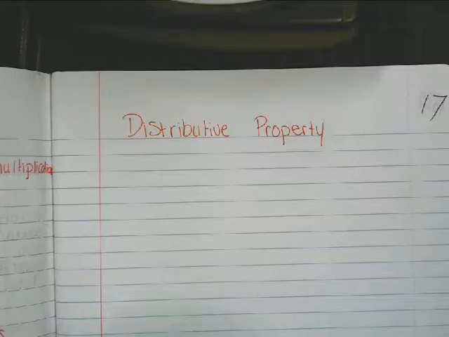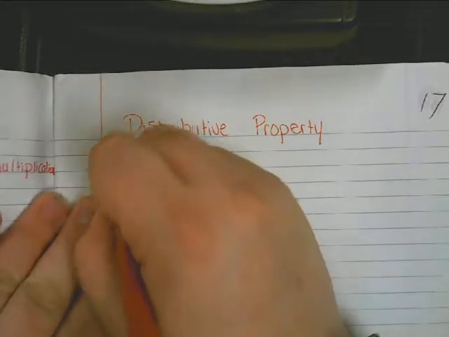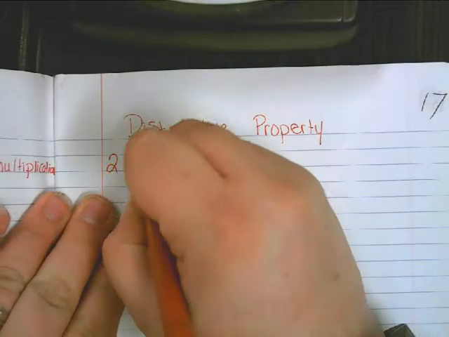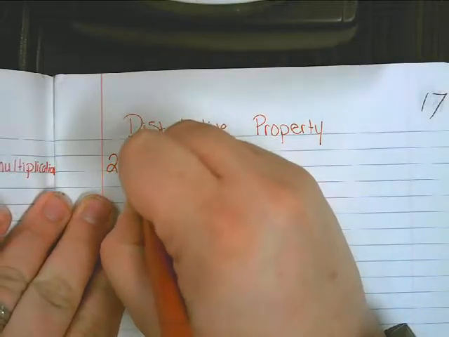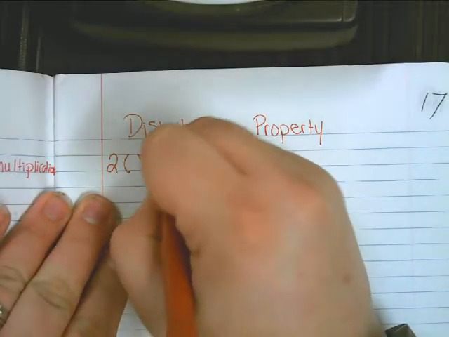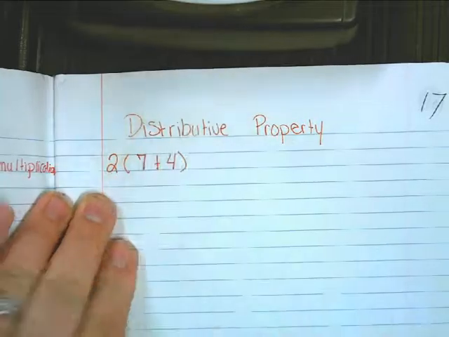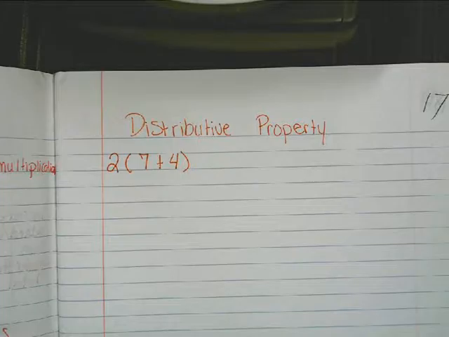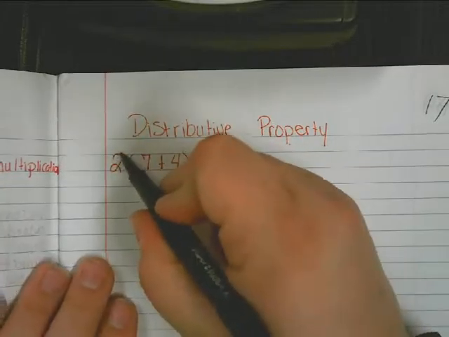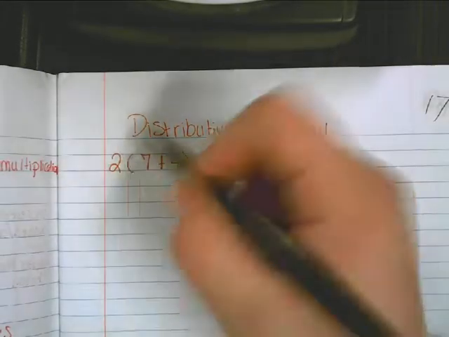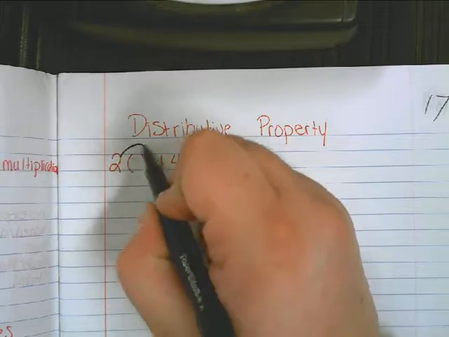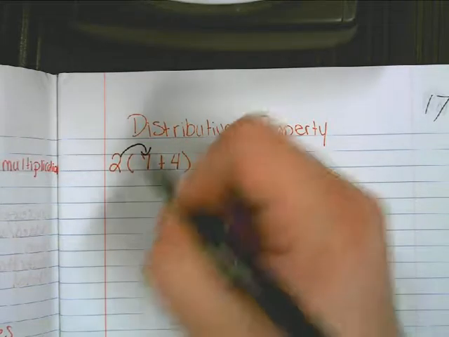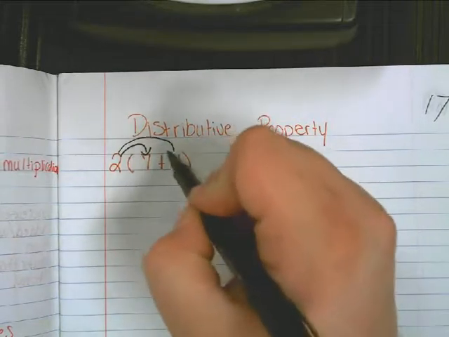So if I look at 2 parentheses 7 plus 4. So this 2 needs to be distributed. I need to take it to the 7, and I also need to take it to the 4.